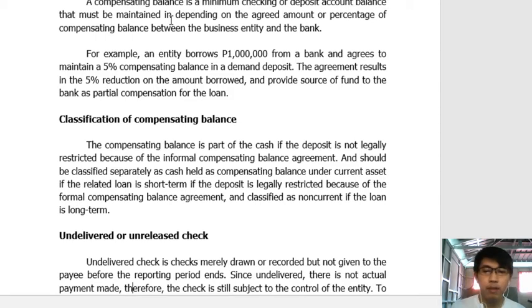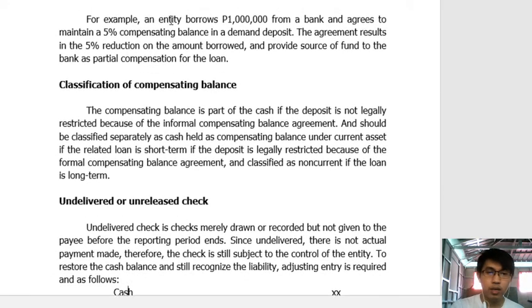Pero kung yun naman ay mayroong legal restriction because of a formal compensating balance agreement, tapos ang sinisecure partially noon ay isang short-term loan, yung short-term loan ay less than 12 months, it can be considered as another account title, cash held as compensating balance. Paano naman kapag ang sinisecure niya ay isang long-term loan, it can be classified as a non-current investment.